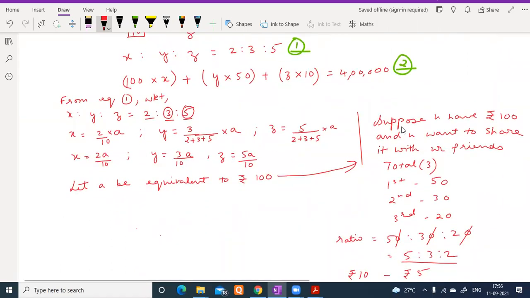You might ask me, so 2 by 10 into 4 lakh I get X. No, it's like the total number of notes which I am currently having. A represents the total number of notes I am currently having.